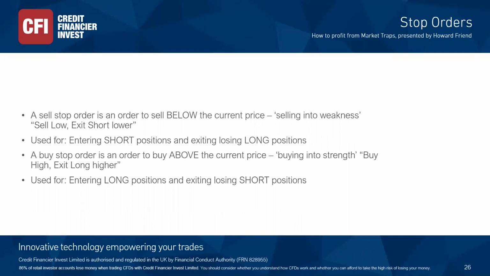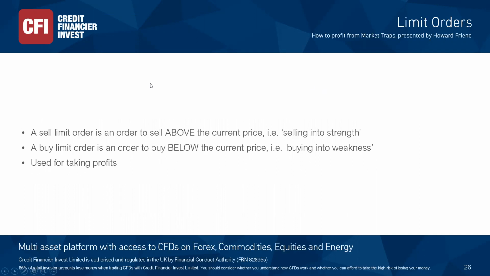A buy stop order is an order to buy above the current price, buying into strength. The idea is that we buy high and look to exit our long position even higher. So it's used for entering long positions and exiting losing short positions. A limit order. Now, these are orders to trade at perhaps more advantageous prices than the current market. So a sell limit order is an order to sell above the current price.